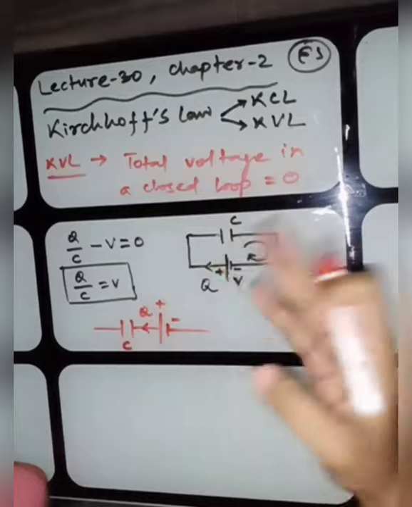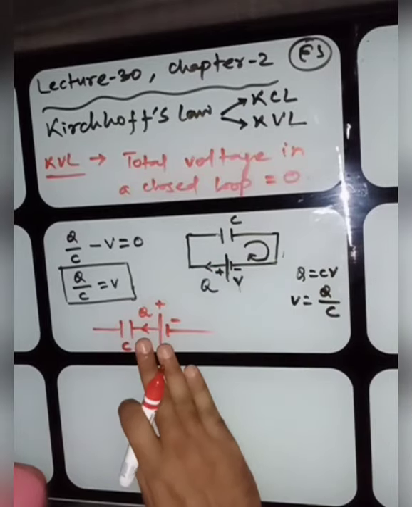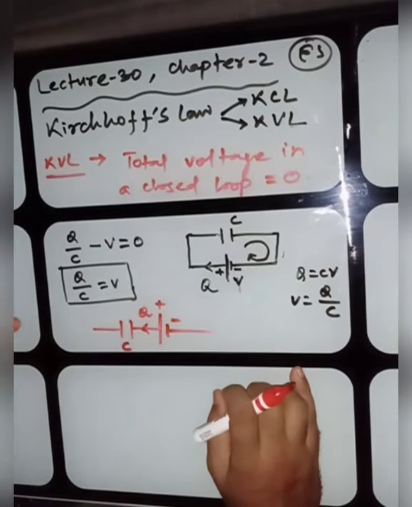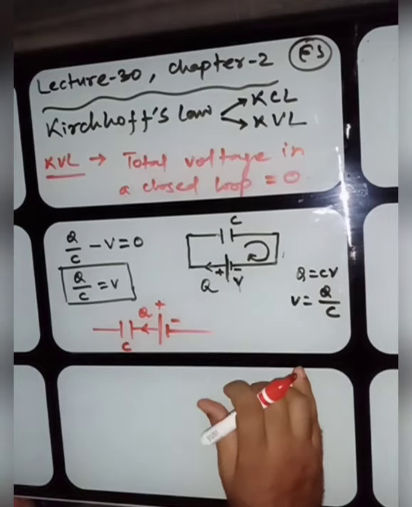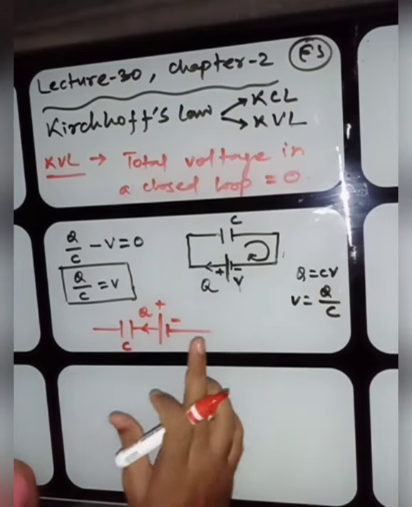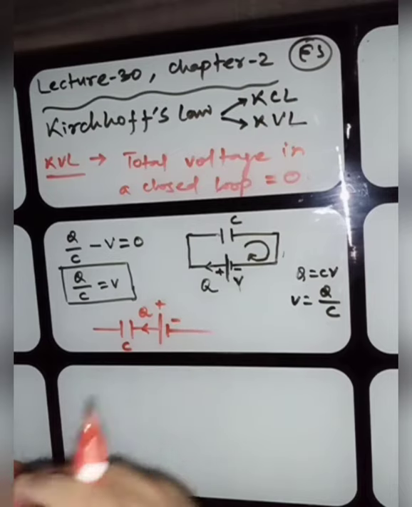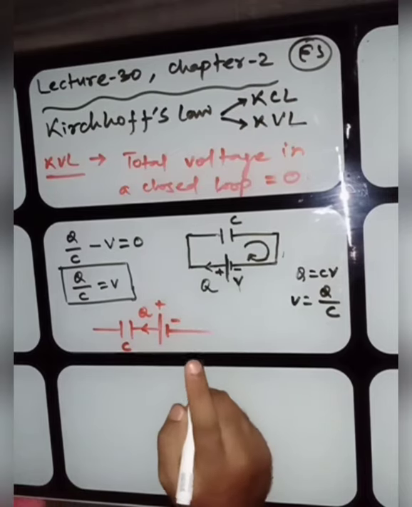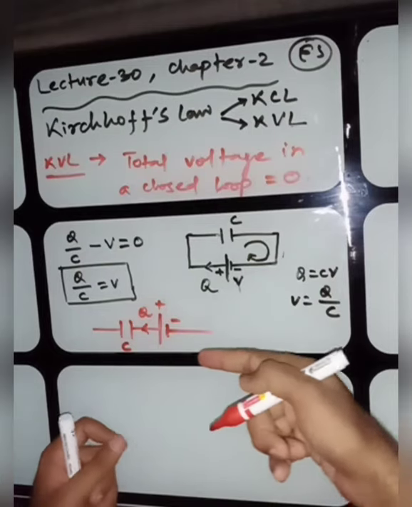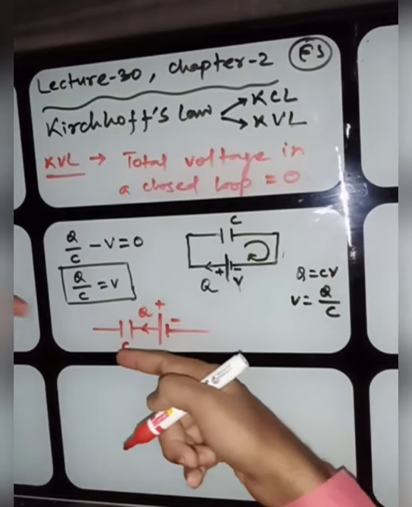If there is another battery in the same circuit, the charge might be going or coming from the other way also. But remember, in one branch there must be only one direction of charge.